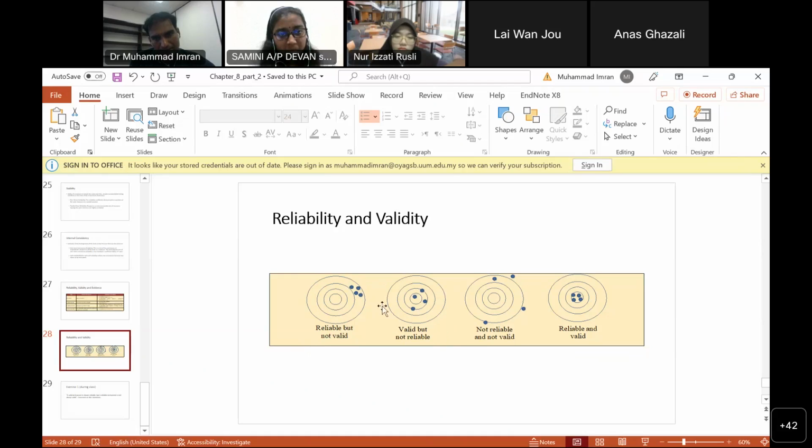Still valid. See here, different 1, 2, 3, 4, but not together. It's not consistent. Here we can see consistency. And here, not reliable and not valid, because it's going beyond the circle and also not consistent, not together. Here, within the circle and consistent, their readings are the same as the others, so it is valid.